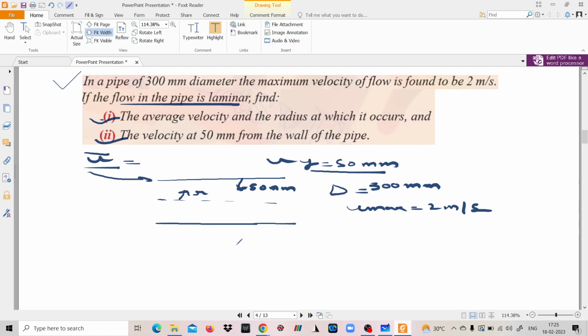The second part is the velocity at a distance 50 mm from the pipe wall. Okay, so please try this one.